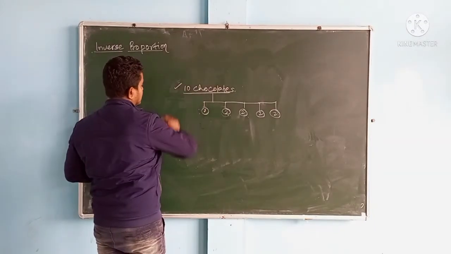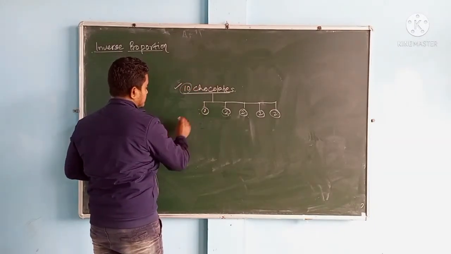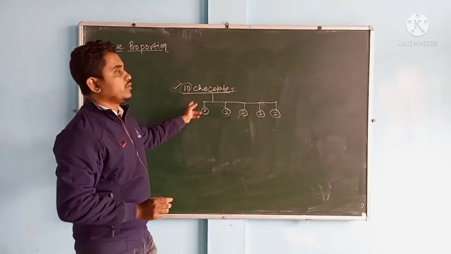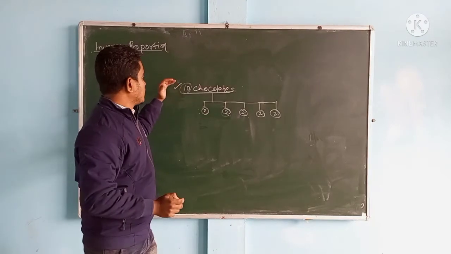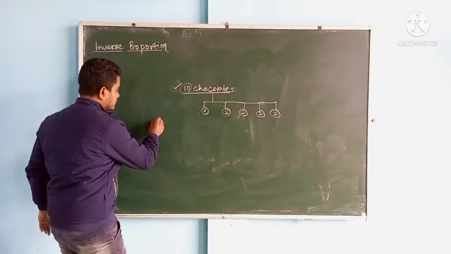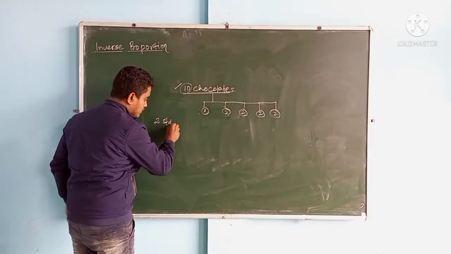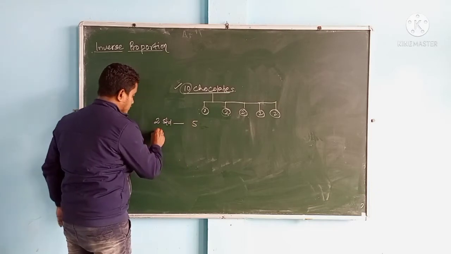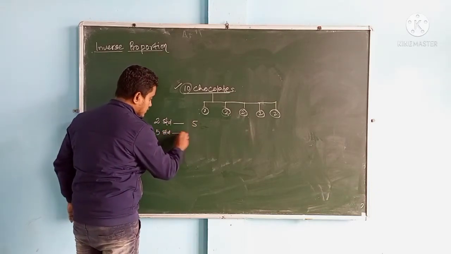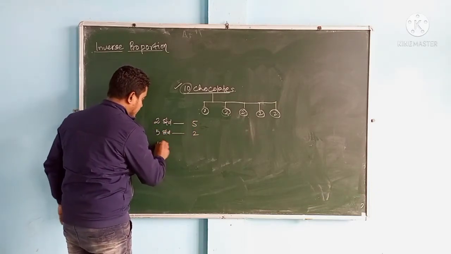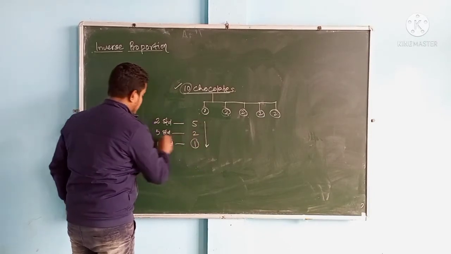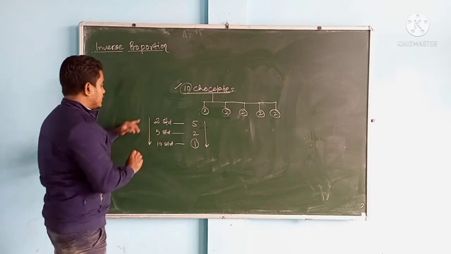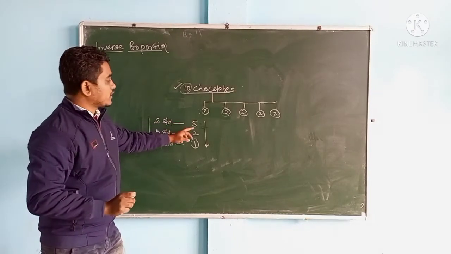So in the first case, total chocolates 10, and if you distribute them between two friends, then each one will get 5 chocolates. For two students, number of chocolates 5. For 5 students, number of chocolates 2. For 10 students, number of chocolates 1. Now see, as the number of students gradually increases, the number of chocolates decreases.